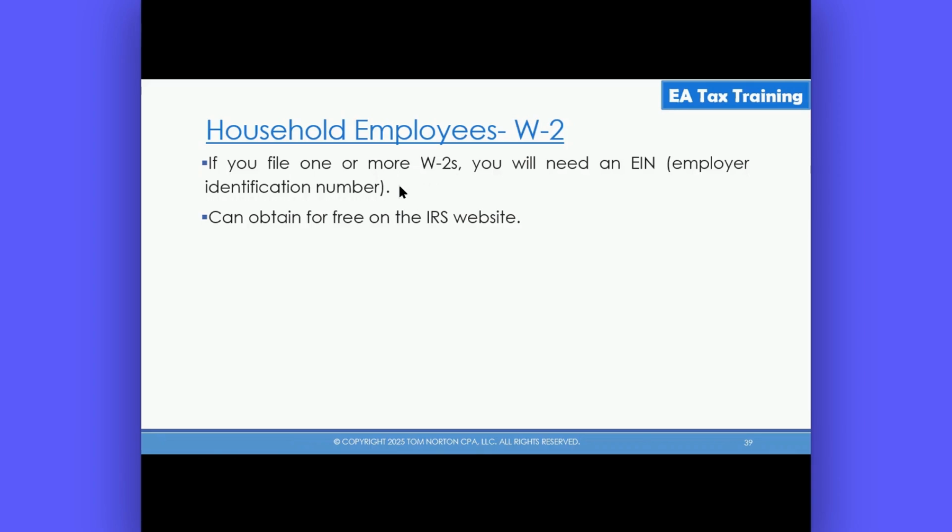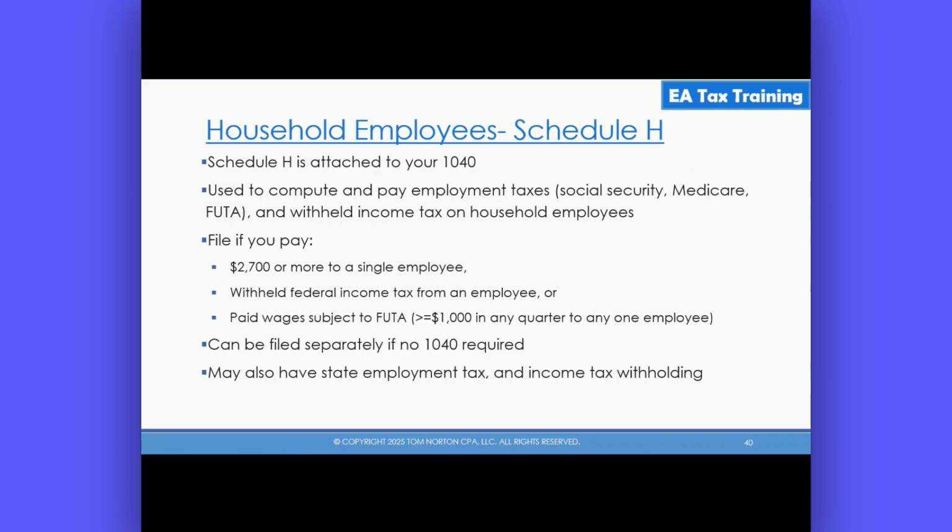If they try to file their tax return electronically, that return will be rejected. The IRS will not accept their tax return if their W-2 has a social security number instead of an EIN. So if you have a client who has household employees and issues a W-2, help them to get an EIN. Very simple to do.